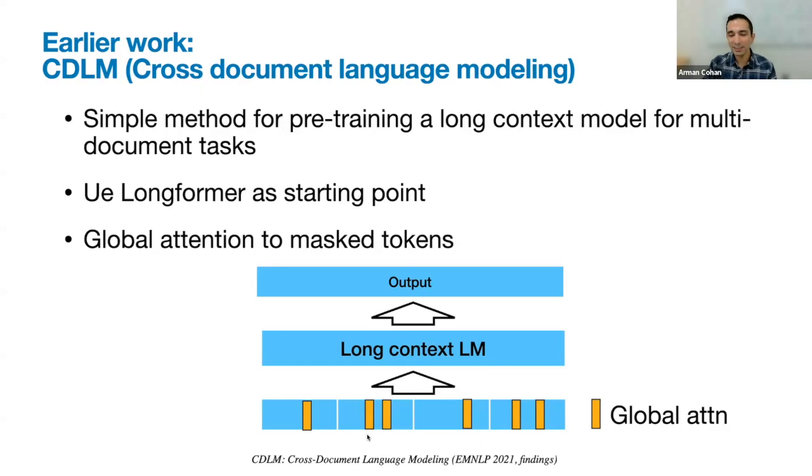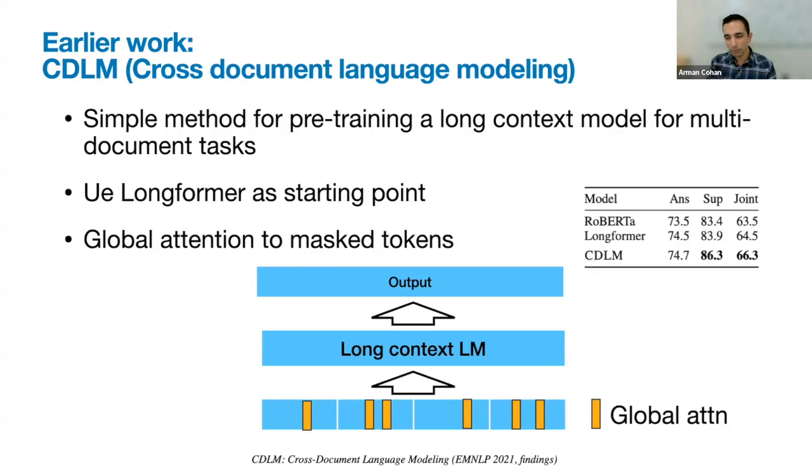And why is that? It is because when you're assigning global attention to some of the tokens, you're encouraging the model to implicitly look at the entire sequence, looking at other documents when it is recovering information. And we saw that this results in a substantial improvement over a baseline that doesn't use this type of training.